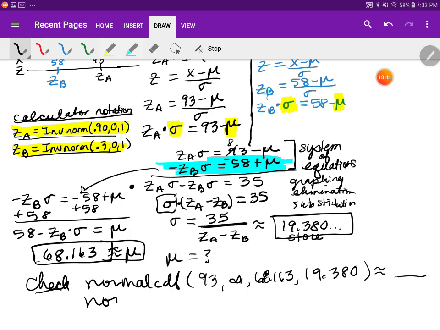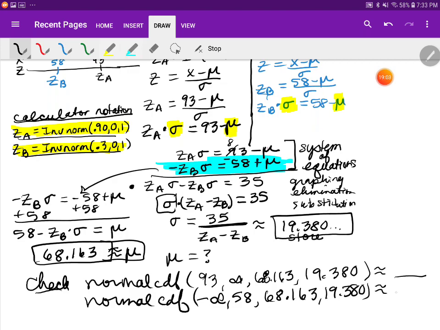And then I would also check by doing normal CDF left of 58. So 58's my right, so what's my left? That's negative infinity. And that would be 68.163, comma, 19.380, and that should give me 30% if I did everything right.